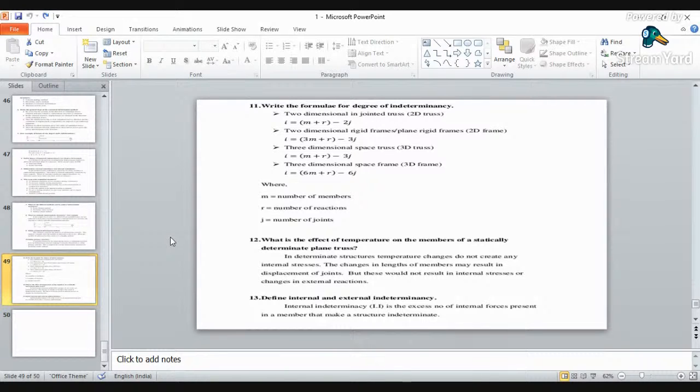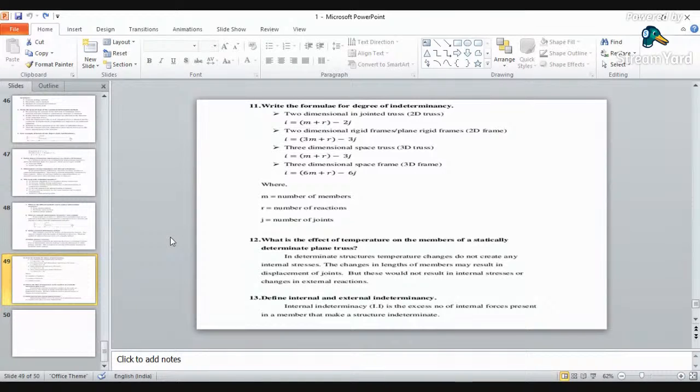Then define internal and external indeterminacy. Internal indeterminacy is the excess number of internal forces present in the member, while external indeterminacy is the extra number of reactions caused by the supports. So internal indeterminacy is always because of the members, whereas external indeterminacy is always because of your supports or joint supports, by which you find the unknown reactions.